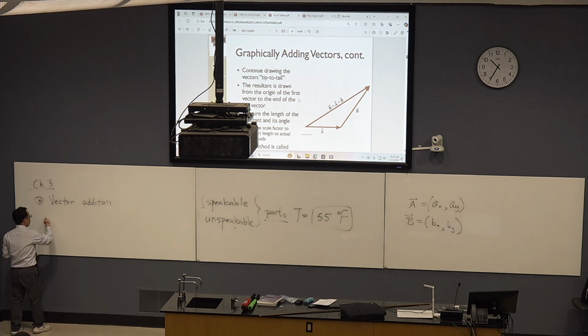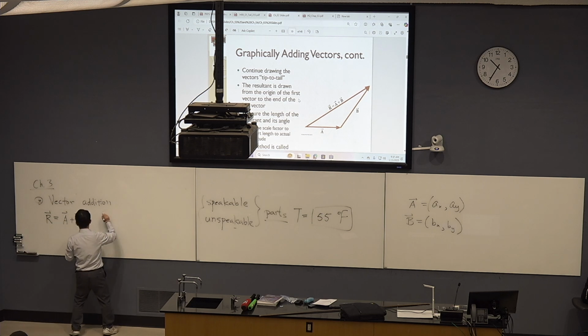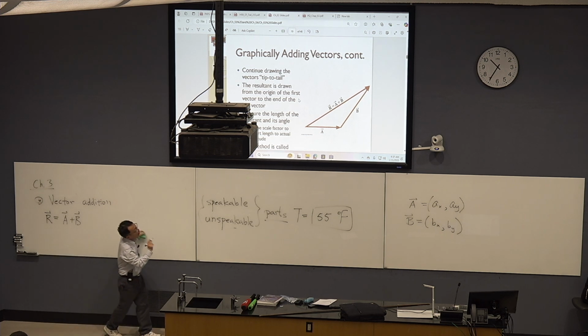The sum of the two vectors, we call it R, equals A plus B, right? How do we get the sum? There is a graphical method, and there's also an analytical method. So this is the graphical method. The first graphical method we are going to present to you is called the tip-to-tail method.